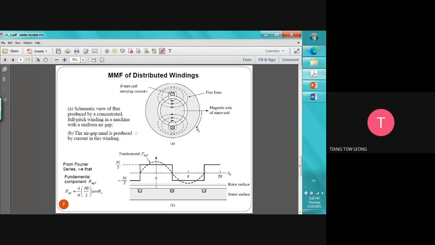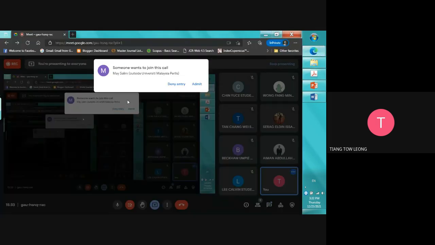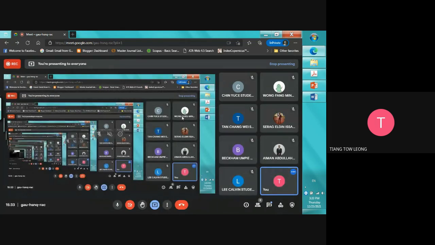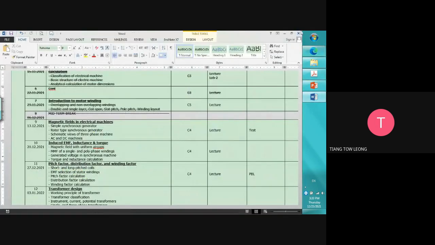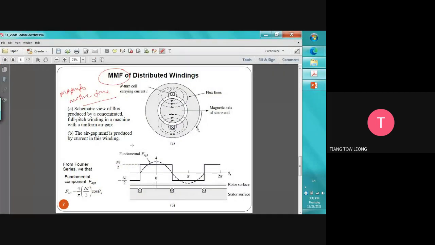Then, MMF of the distributed winding. MMF, I told you before, is the magnetomotive force, as we have discussed in the winding layout. Before we decide where the go direction and the return direction of the winding are, during the winding layout selection, we need to assume the MMF direction first.